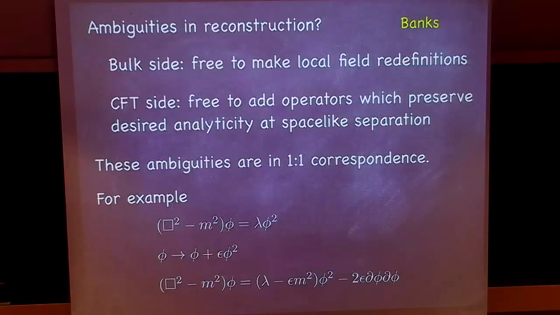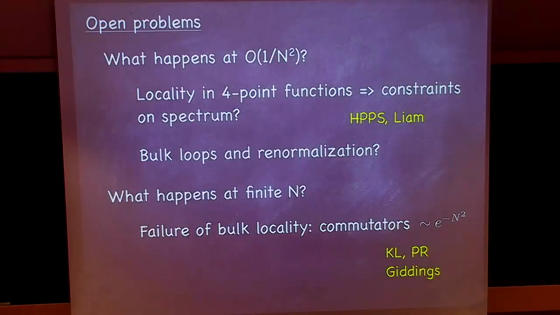So maybe just to conclude, a few open issues, open questions, and some of these points have already come up. I think one question is if you try to push the 1/n expansion to higher orders.